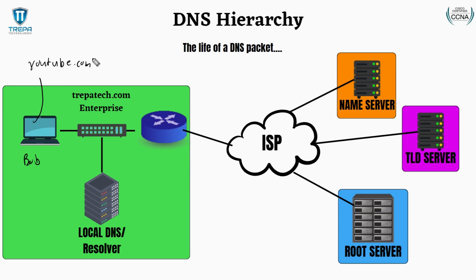So the first thing that's going to happen is locally, we're going to check a cache. So this computer, when it types in youtube.com and sends that URL request off, it's going to know it needs to do a DNS request because it's like, okay, I need to know the IP address of youtube.com. So the first thing it's going to check is its local cache.